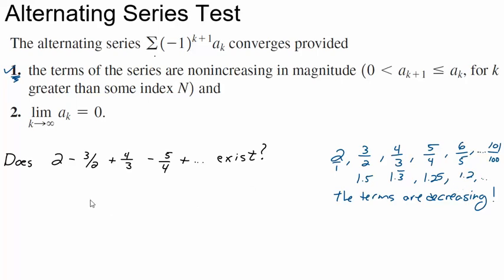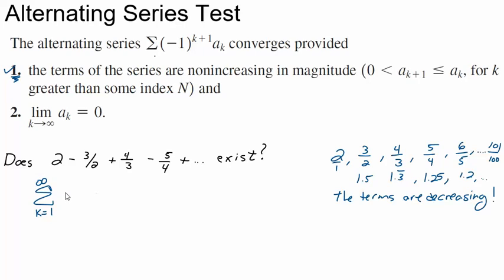Let's see if we can write a sequence here. Let's go ahead and start at k. This is good practice too. It would be a good idea to maybe stop the video and see if you can write a formula for this. I'm going to start at k equals 1, and we're going up to infinity.